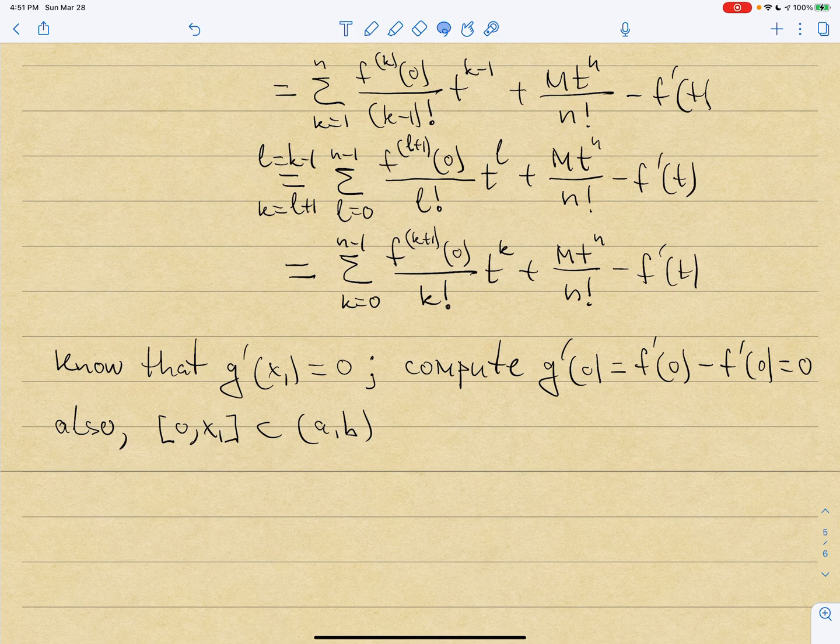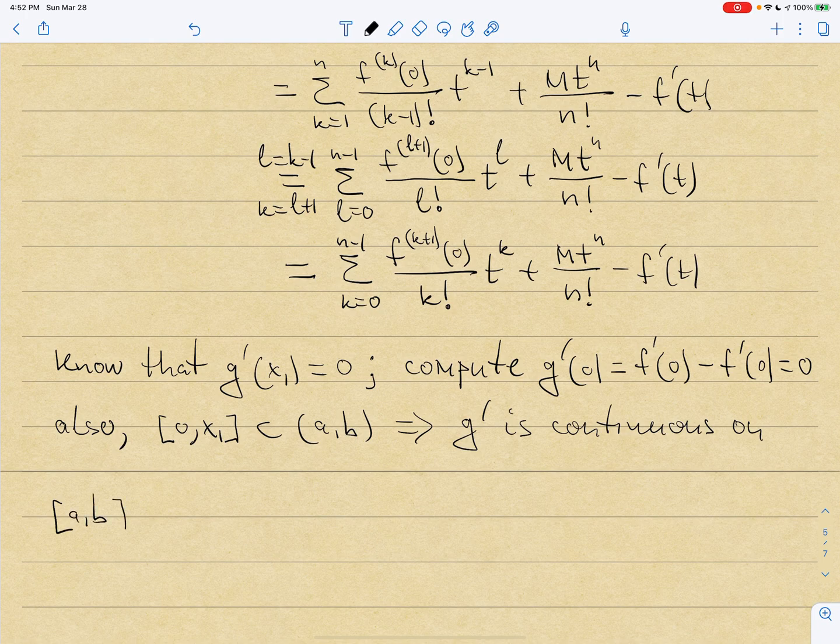And then the rest, again, are power functions of t, and is a polynomial in t, so it is differentiable as many times as you wish. And so, therefore, from here, we have that g prime is continuous on [a, b] and differentiable on the open interval (a, b).